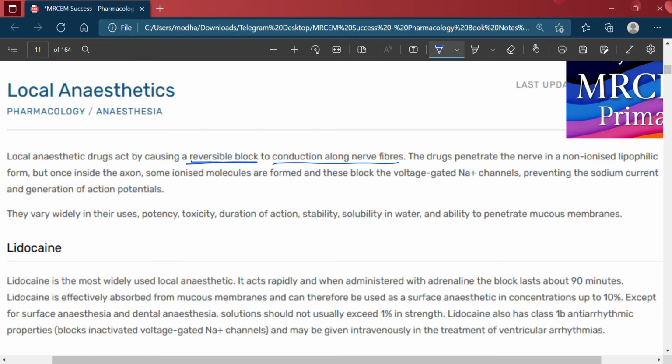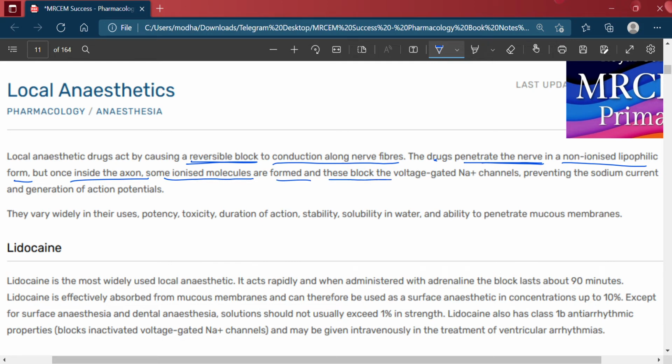The drugs penetrate the nerve in a non-ionized lipophilic form, but once inside the axon, some ionized molecules are formed.